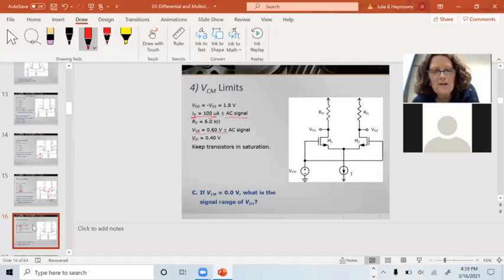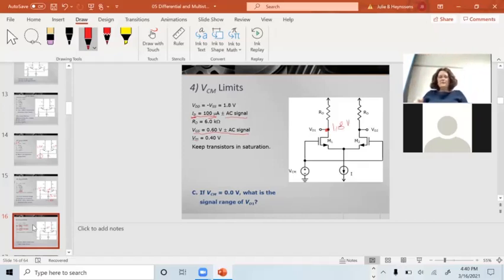The total VGS at any given point in time, the DC average value is going to be 0.6, but there's going to be some plus and minus on top of that. Okay, so the maximum voltage I can get out of here is when my AC signal is minus 100 microamps, which gives me 0 microamps through that leg, which means I have no current going through there, which puts this at 1.8 volts.